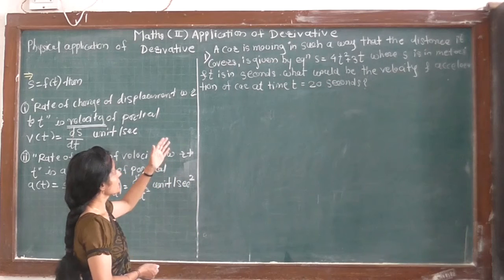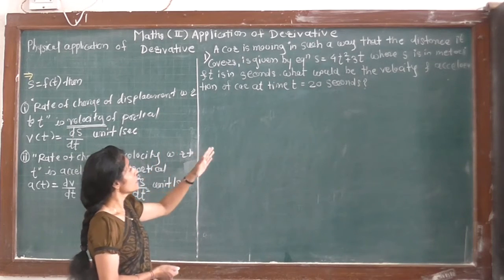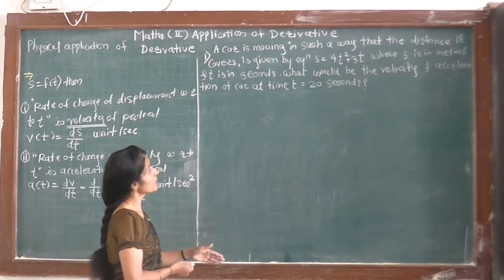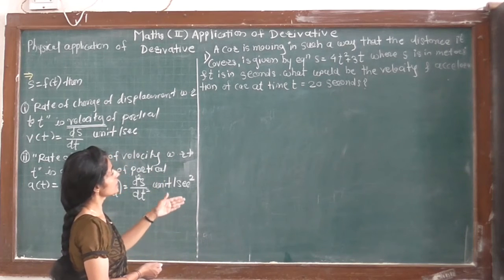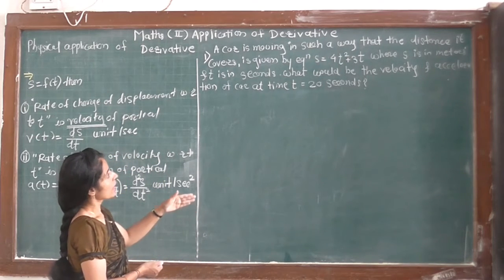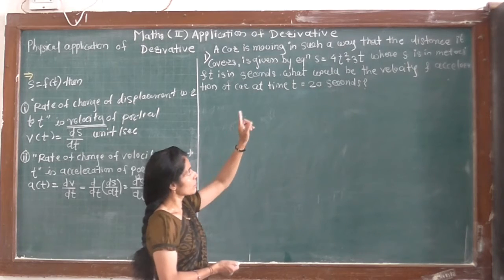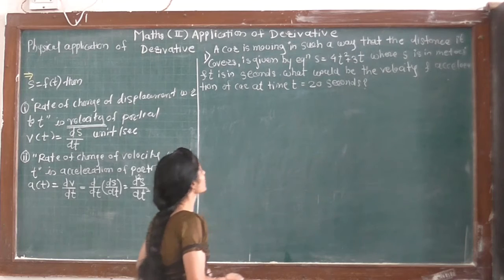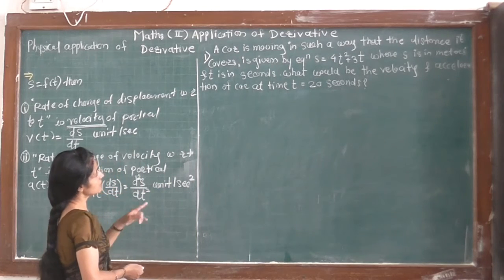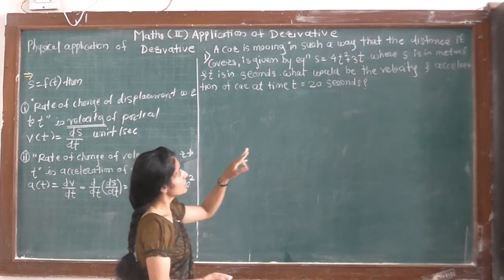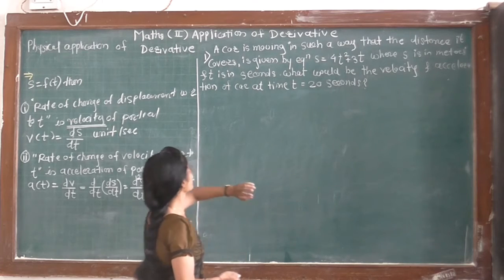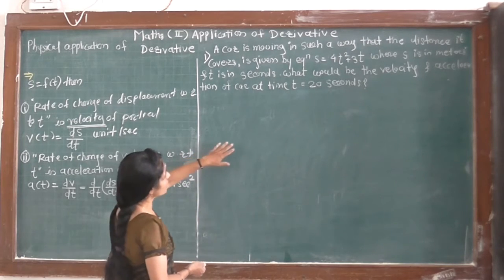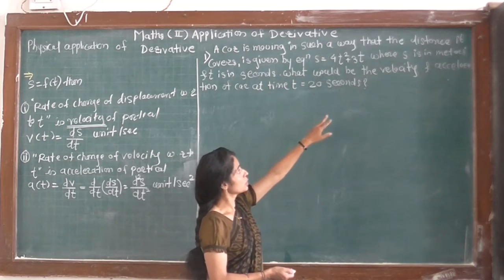Now we study the example based on this article. Our first example is: a car is moving in such a way that the distance it covers is given by the equation s is equal to 4t square plus 3t, where s is in meters and t is in seconds. What will be the velocity and acceleration of the car at time t is equal to 20 seconds?